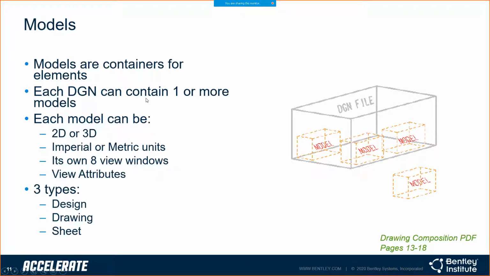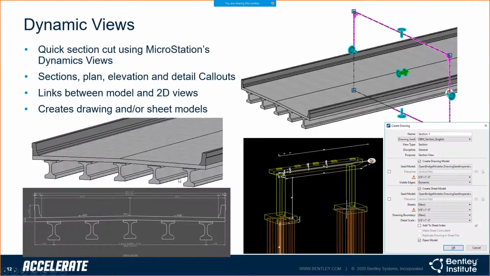So think of this as a completely different way of doing the process, starting with a 3D model from our OpenBridge model. The primary tool we'll be using is kind of behind the scenes. There's no one button that says I want to use the dynamic view tool.